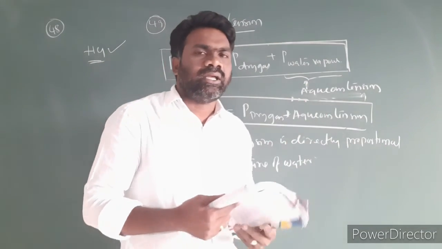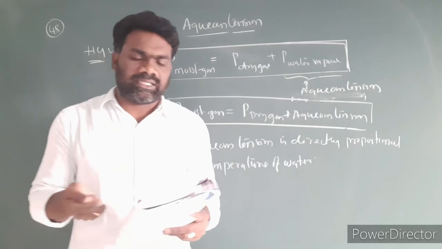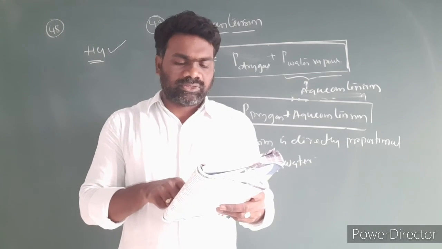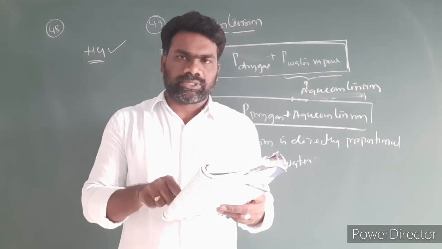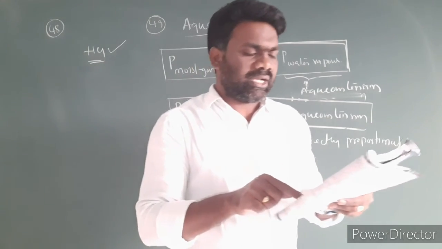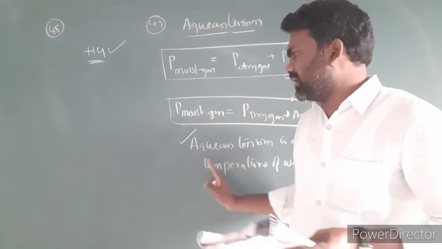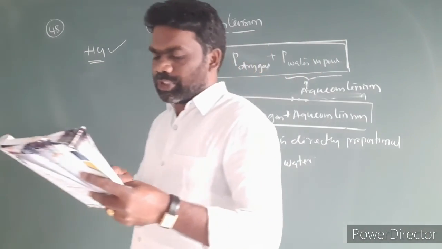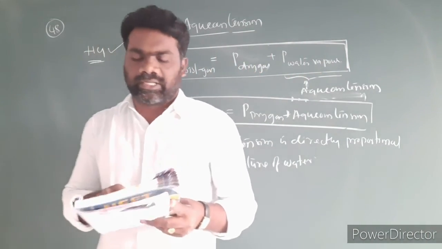As the temperature of water increases, aqueous tension increases. Look at the options for question 49: first option 25 degrees centigrade, second 40 degrees centigrade, third 100 degrees centigrade, and fourth 30 degrees centigrade. Among the given options, 100 degrees centigrade is the highest temperature, so aqueous tension is very high at 100 degrees centigrade. So for question 49, the third option is correct.